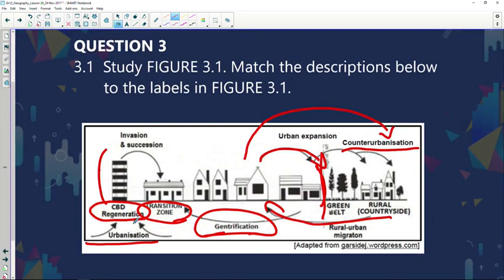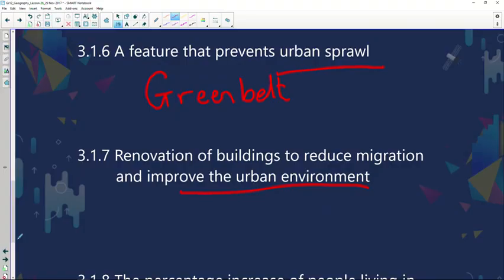Now, basically what happened in Johannesburg, a lot of people moved away from the CBD. The CBD is actually decentralized, for instance, to Sandton. So what do people do? They invest more money, many companies, and what they do, as you can see, is renovation of the buildings to reduce the migration, to improve the urban environment. And that is known as regeneration.